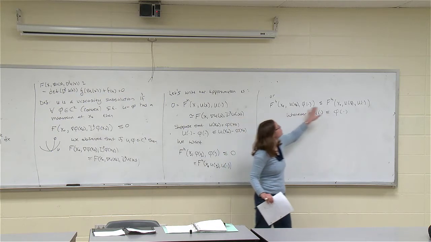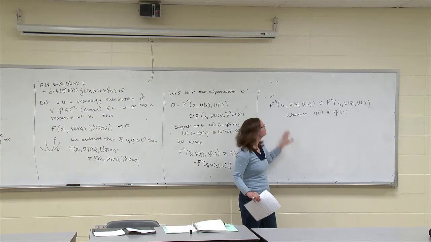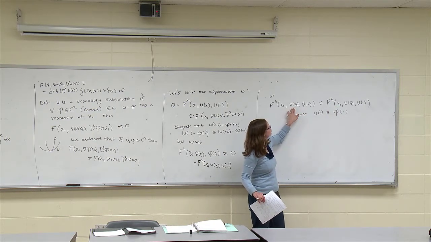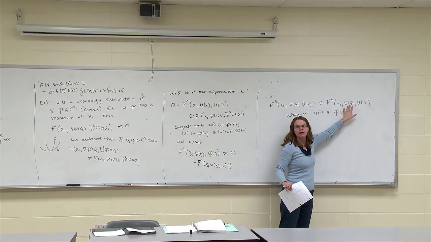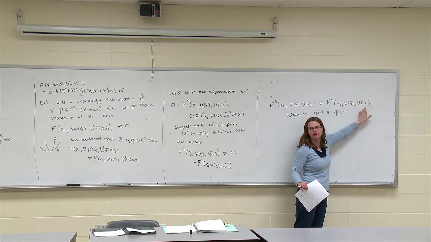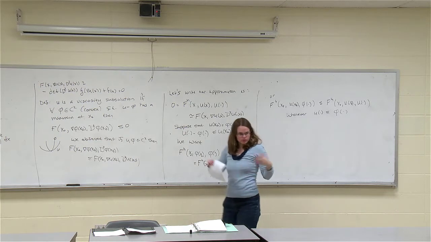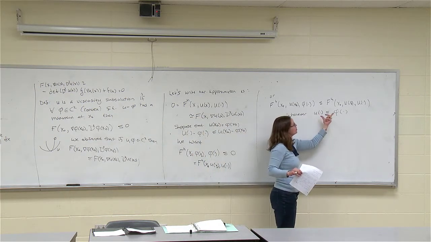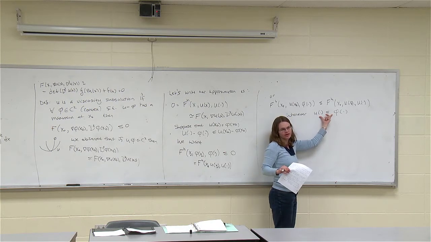So I have the same operator on both sides of this inequality, the same value of x naught plugged in, the same value of u of x naught plugged in. Then different function values are plugged into this third argument, but they're not just a random choice of different values. They're a choice of different values that satisfy this ordering: u is always less than phi.